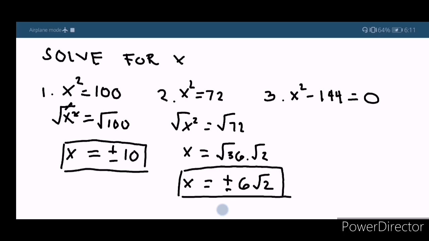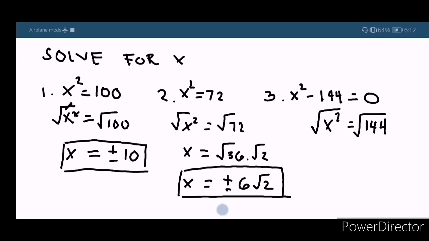Sa number 3, okay, so we have the equation x squared minus 144 equals 0. So, the first thing that we need to do, i-transpose natin yung negative 144. So, it will become positive 144. And then, the next thing that we need to do is to get the square root. So, kunin natin yung square root nito, kunin natin yung square root nun.